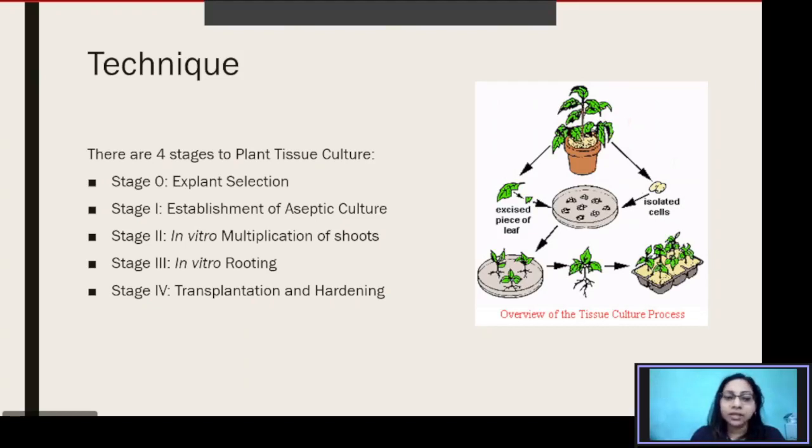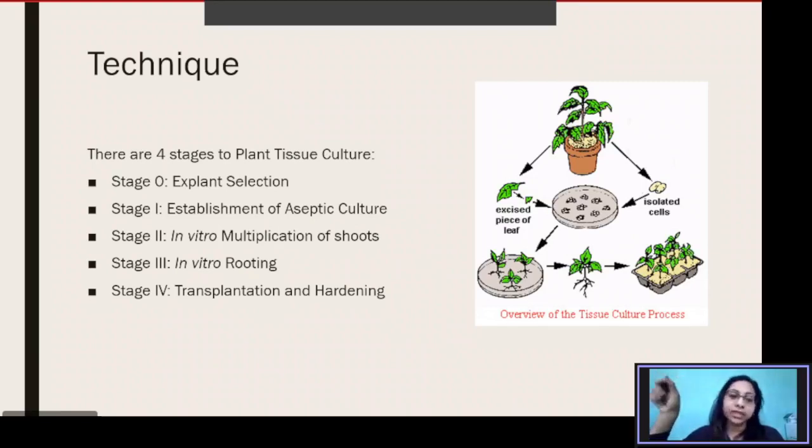Then you induce the formation of shoots. In vitro multiplication of shoots means, in vitro literally means in glass, it's a Latin word. So it's just like you have a shoot in a jar, whatever container that you have, and you cut it up into small pieces, and each of those pieces could become a new plant.